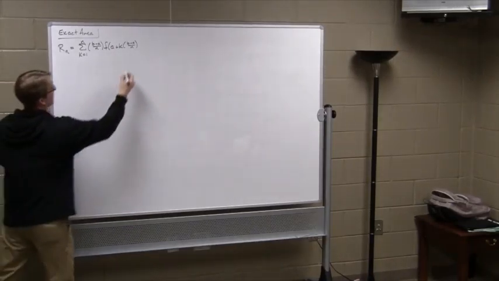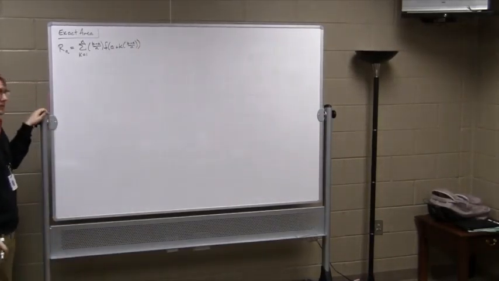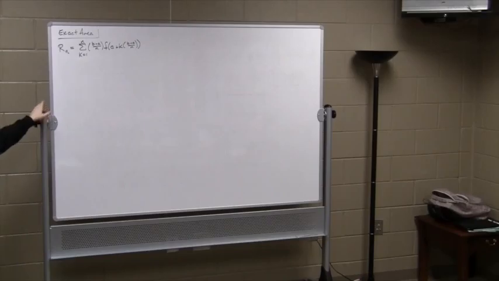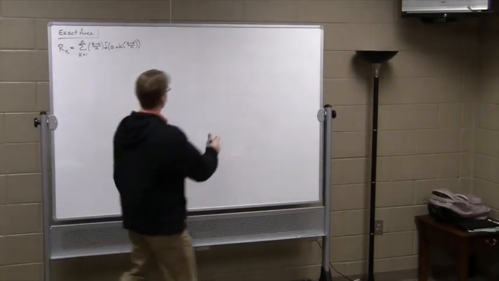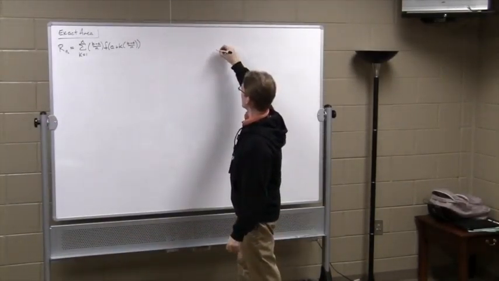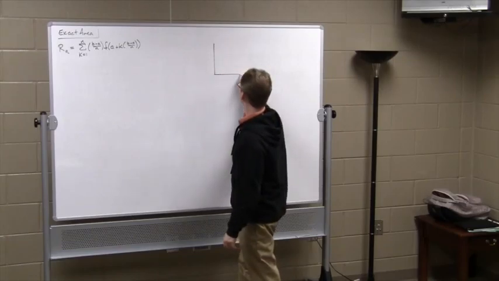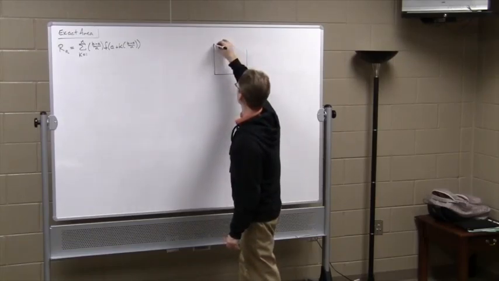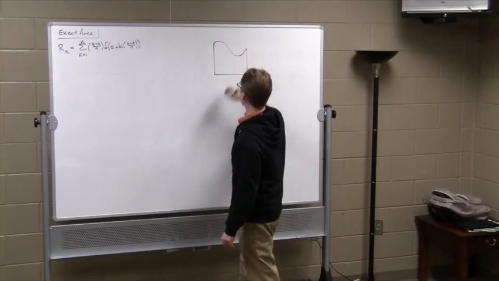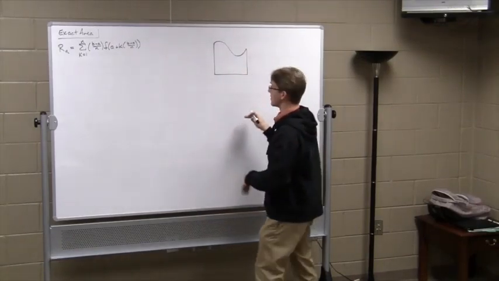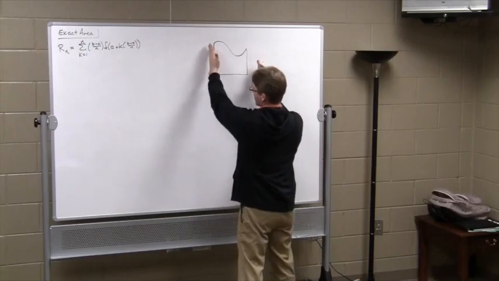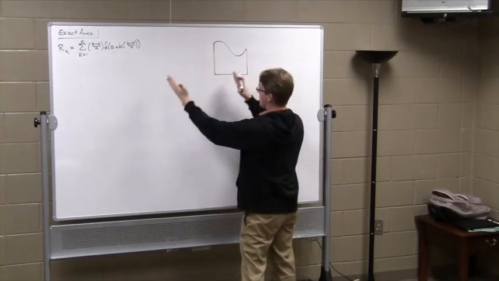I am about to erase what I'm getting ready to put down. I'm going to leave that up there, but to draw them a picture. You have a random shaped area, and this could be anywhere on the graph, doesn't matter if it's at 0 or if it's shifted over here, shifted over there.